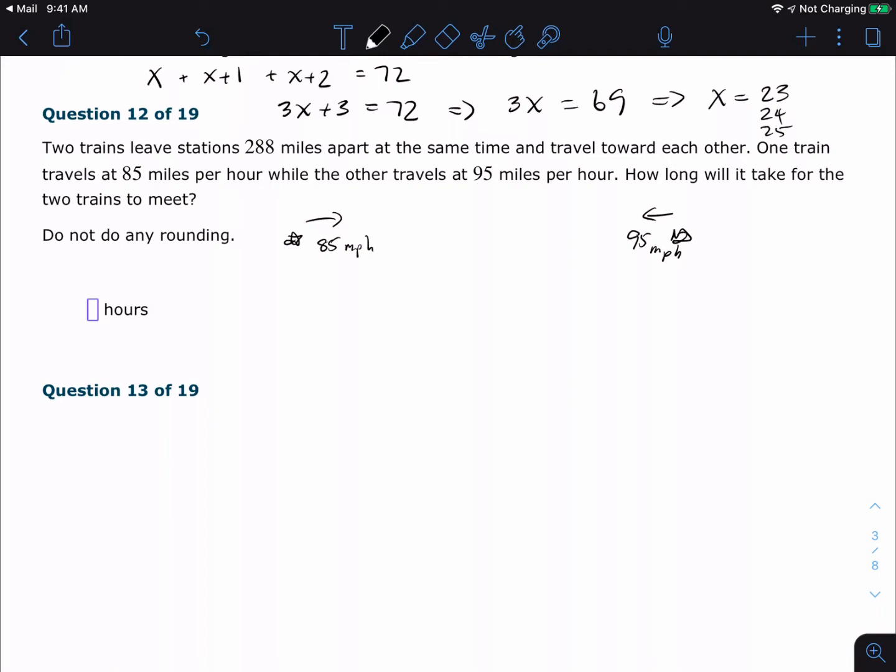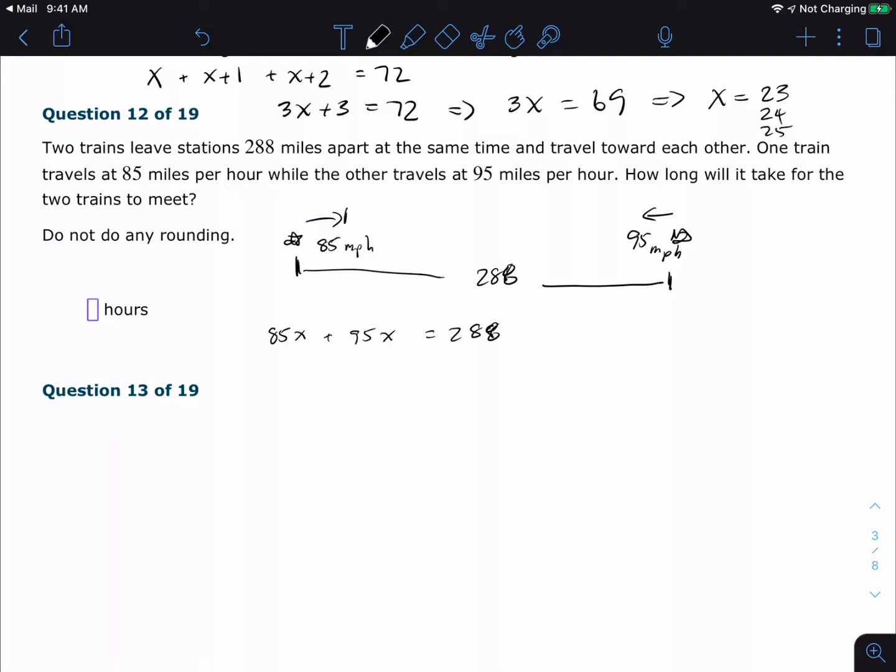So, we got to remember that the distance between the trains from here to here is 288. As they're coming closer and closer together, they're both taking away from the space together. So the way we can think of it is 85x plus 95x is going to be equal to 288, because that's the total distance covered.